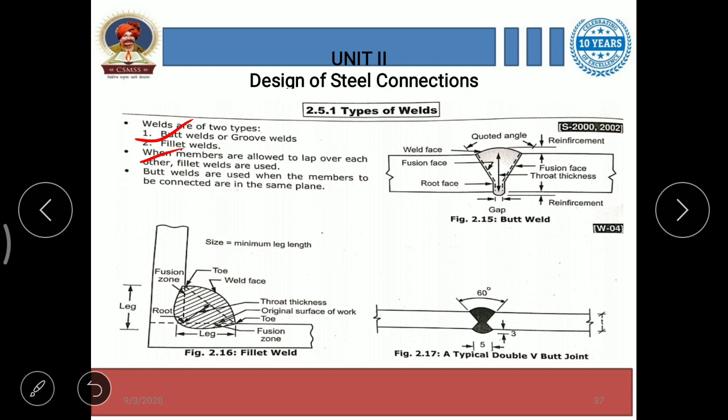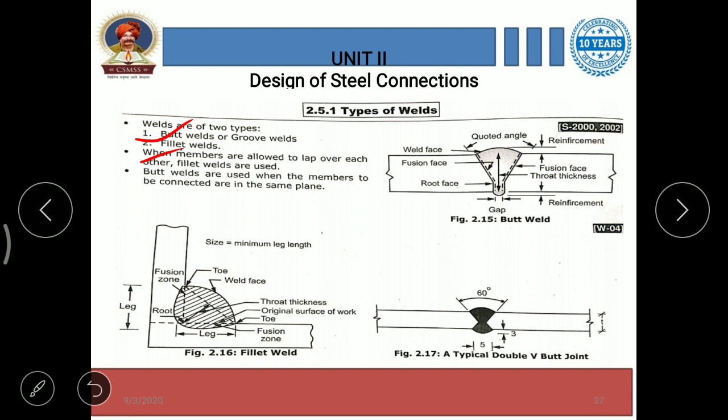It means when we have to join two members by putting one member over another, and there is a lap of one member over the other, in that case fillet welds are used.